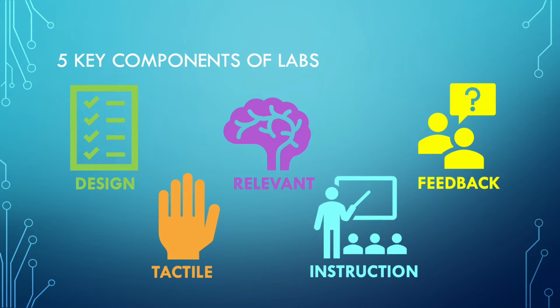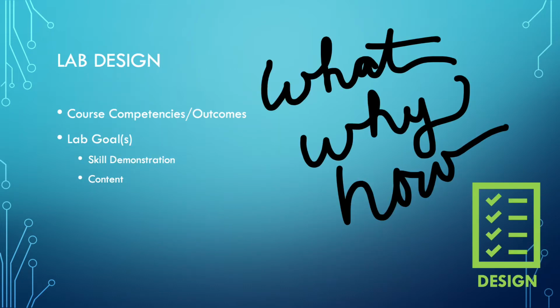It really comes down to 5 major key components, which are the design of the course, making sure the courses are tactile, making sure that they're relevant to our students, thinking about how we use instruction in the online format, and the feedback that we use. So today I'll be talking quickly about each of those topics.